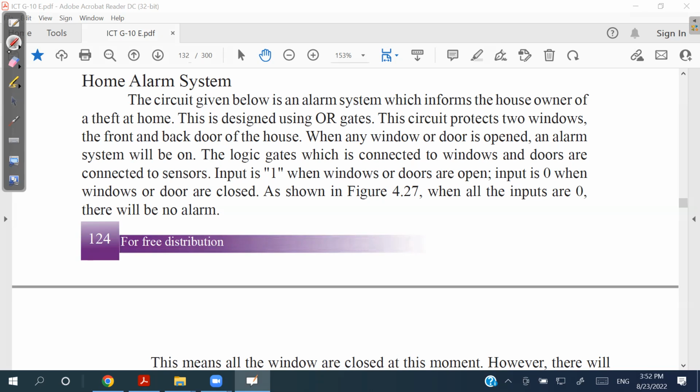Where any window or door is open, an alarm system will be on. The logic gates connected to the windows and doors are connected to the sensors. Input is 1 when window or door are open. Input is 0 when window or door are closed.